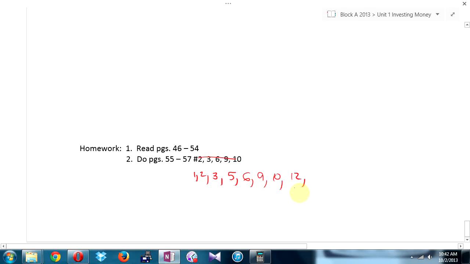Investing, nah. I have to assign number 15 because it's about buying a sailboat, and that's my dream someday. So there you go. 1, 2, 3, 5, 6, 9, 10, 12, 15.